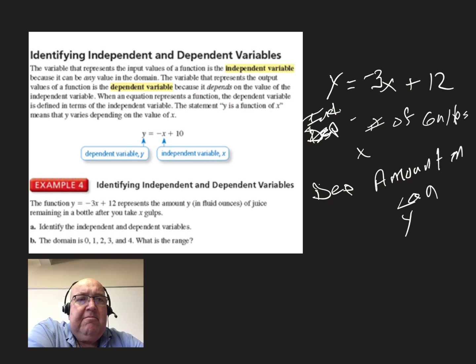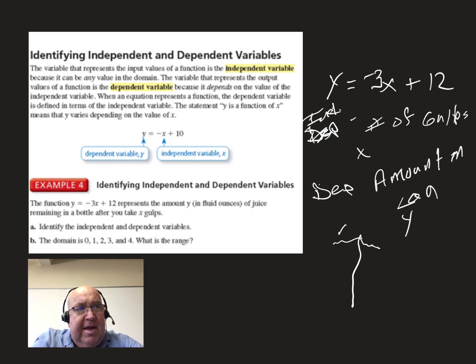So the domain of this is, you could take 1, 2, 3, 4 gulps, 0, 1, 2, 3, 4. So we want to do a range. Easiest way to do this is to do a t-table. Do your x value on the left, y value on the right, and we're going to use 0, 1, 2, 3, and 4.